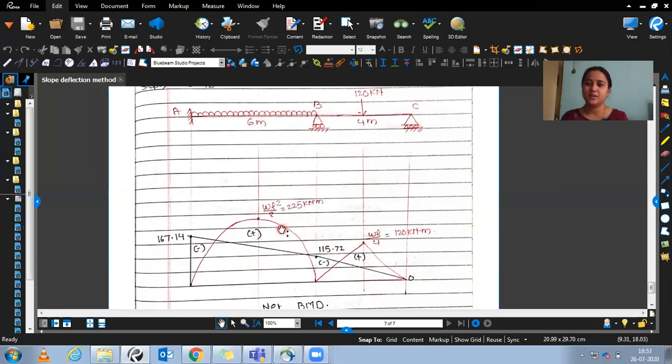That means we are drawing two bending moment diagrams in one particular diagram, that is the net bending moment. Okay, so we just consider this red part first. Because of this UDL, there is a maximum bending moment WL square by 8.